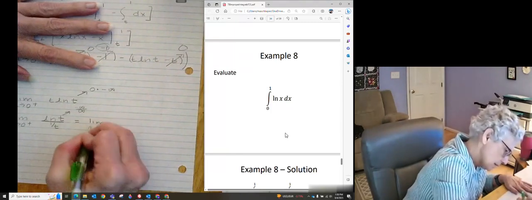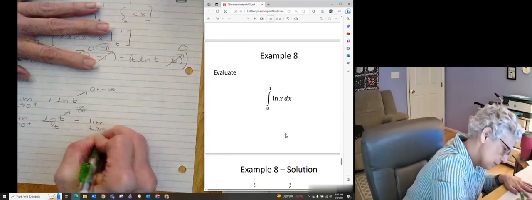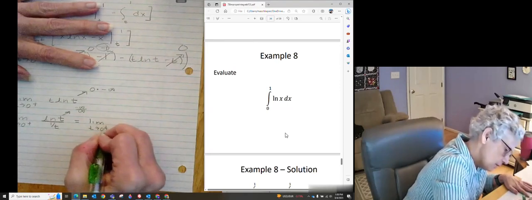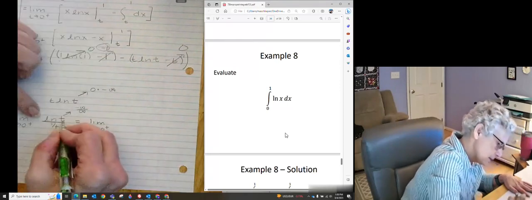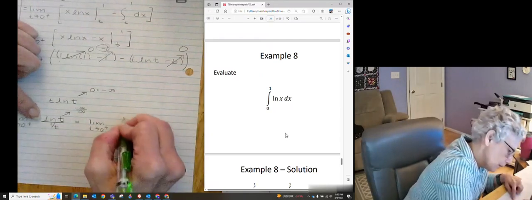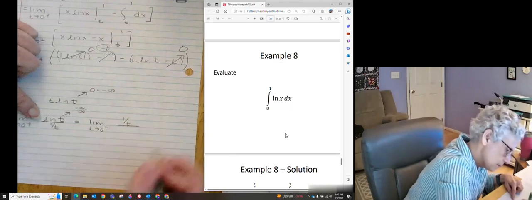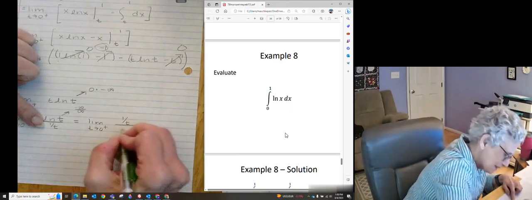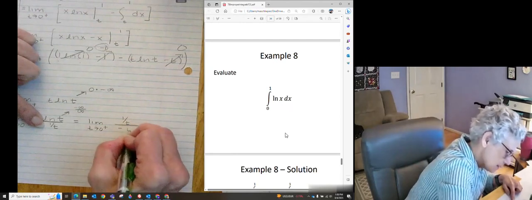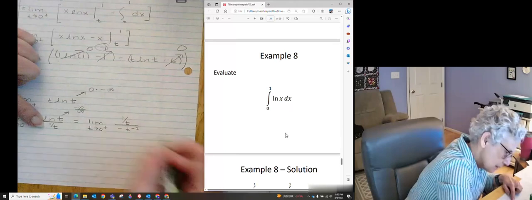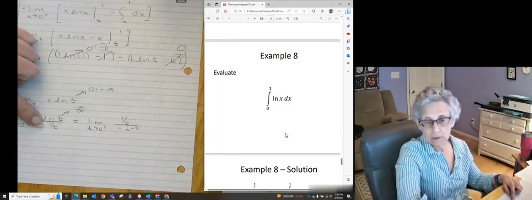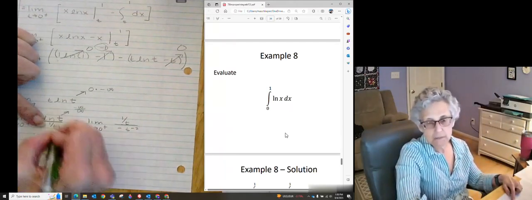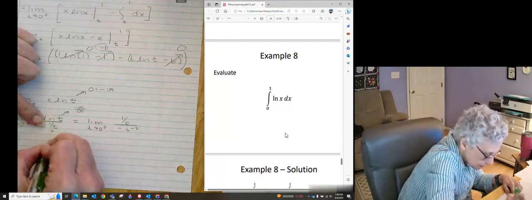So this is the limit as t approaches 0 from the right. Derivative of the numerator is 1 over t. Derivative of the denominator is minus t to the minus 2 power, because it's just the derivative of t to the minus 1 power.